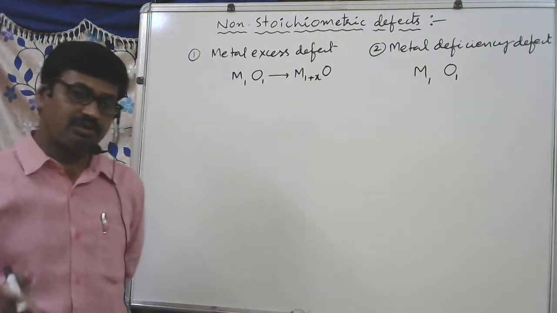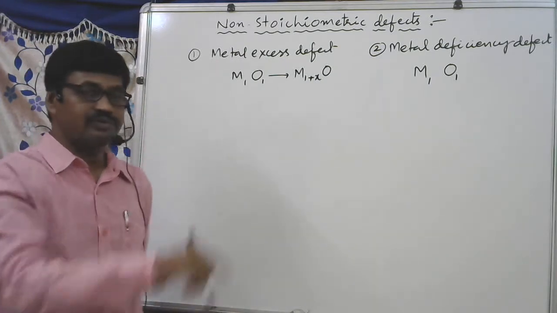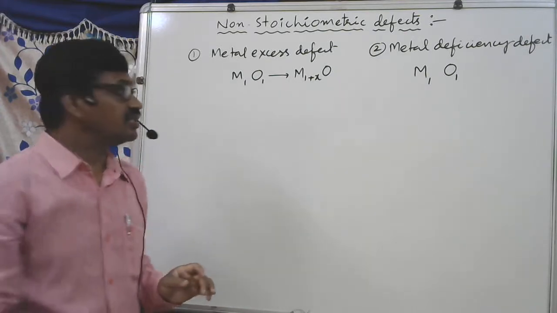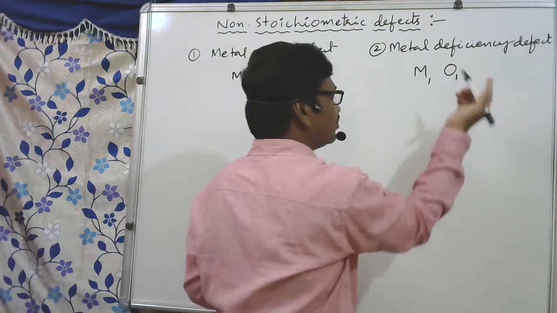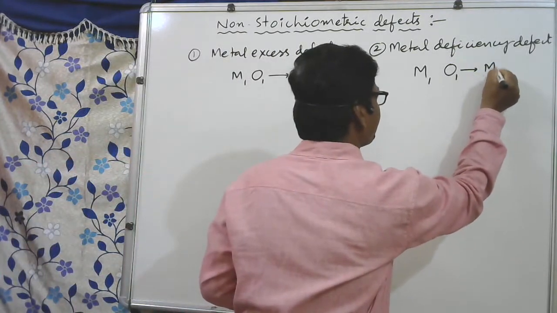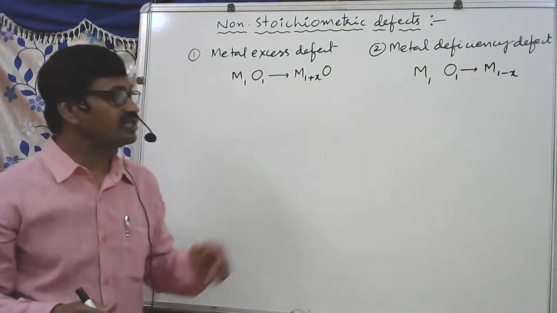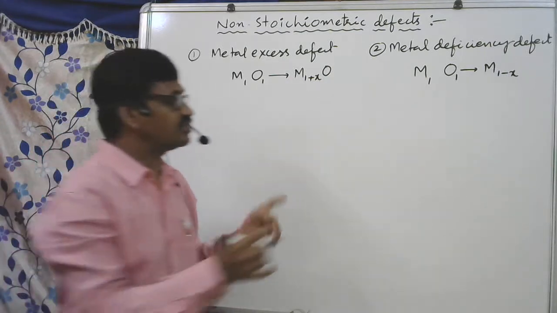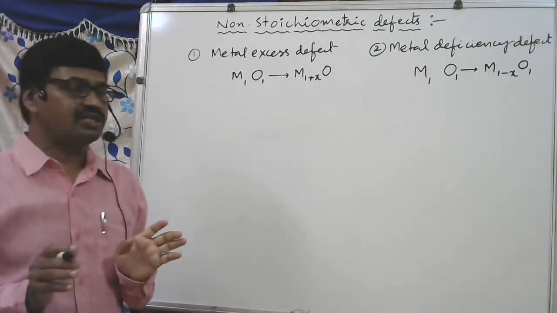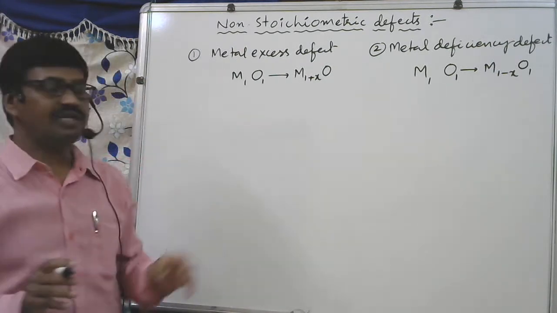Means some of the metals are excess compared to oxygen here. Here metal deficiency means it is changed to M1-X. So some of the metal atoms are decreased from 1 here. So O is common. This is simply the formula for metal deficiency defect and metal excess defect.